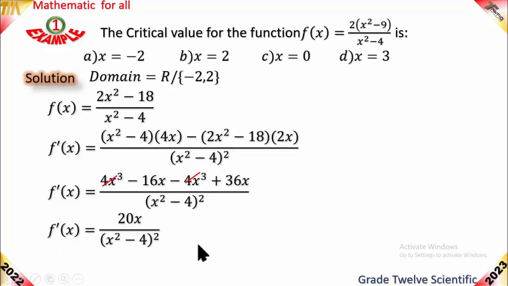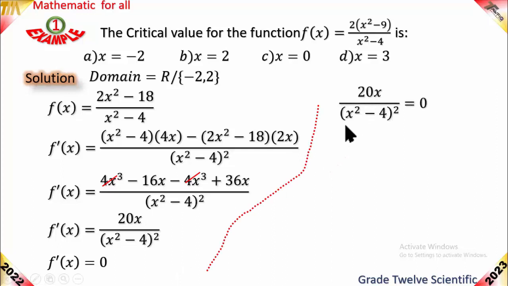And now to find at which value of x the first derivative is 0, make f prime of x equal to 0, which means 20x over x squared minus 4 all squared is equal to 0. That means 20x is 0, so x is 0. Because 0 is in the domain, it is a critical value.